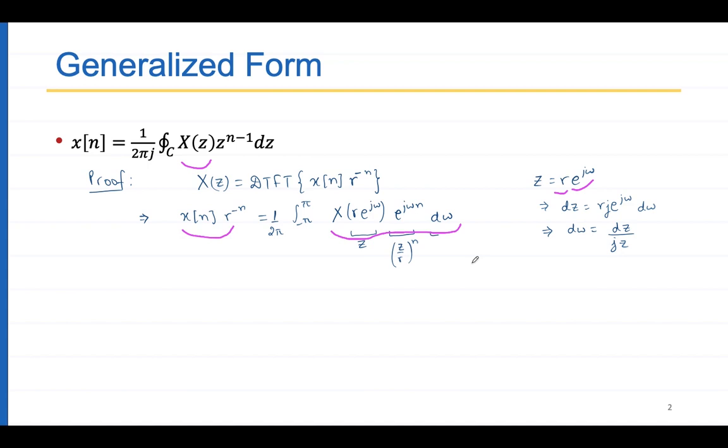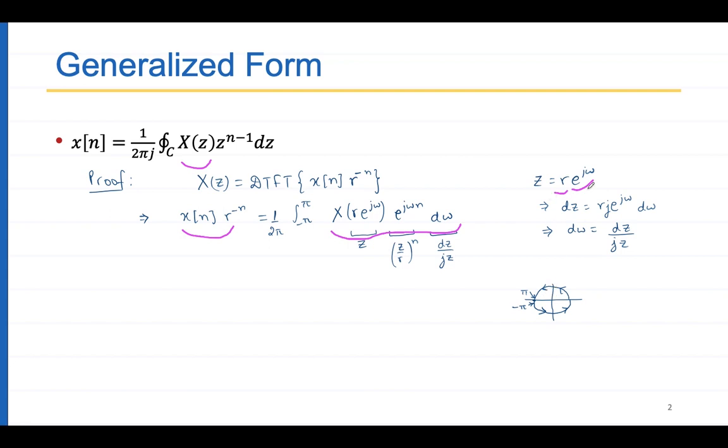Now I substitute these values here, but before that, I know these limits are from minus pi to plus pi. This holds when I am moving on a unit circle, which means r is 1.